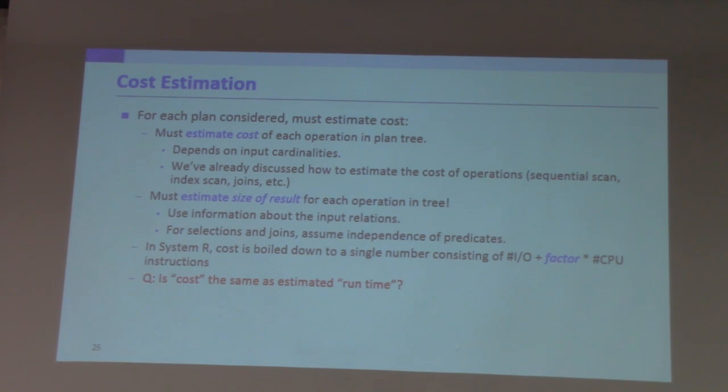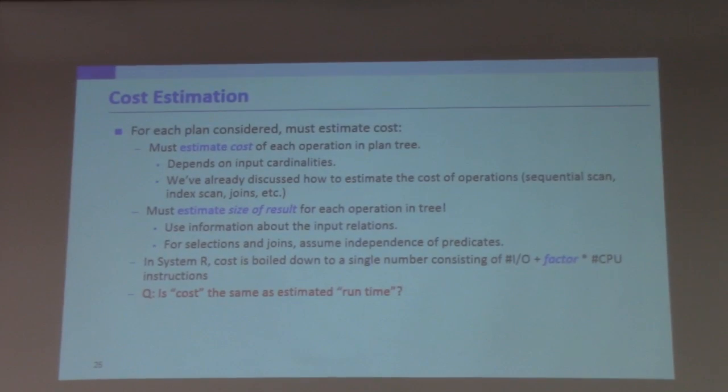tree. Those operators take base relation as input, so you know the size of input from system catalog. So that's not a problem. And if you can estimate the intermediate size, the size for all intermediate results, literally you know the input size for any operator anywhere in your query plan tree.